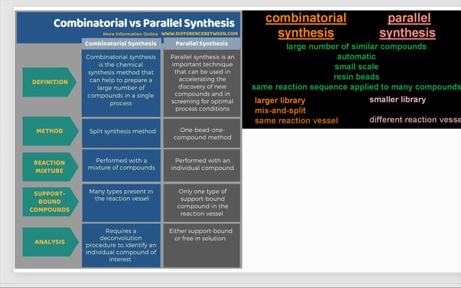Suppose you have a bead, a resin, and you have starting material attached to the resin. Suppose you have A, B, C, D, and these can be any kind of reaction. Suppose they are all amino acids. Suppose you have five sets of amino acids.